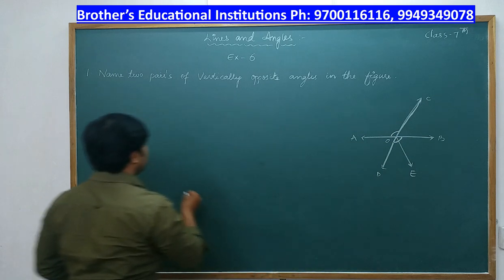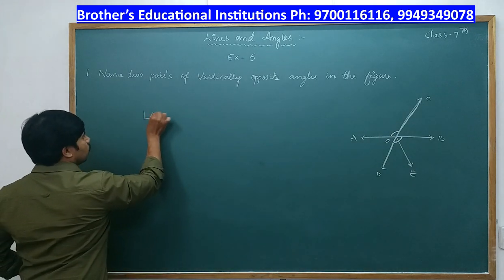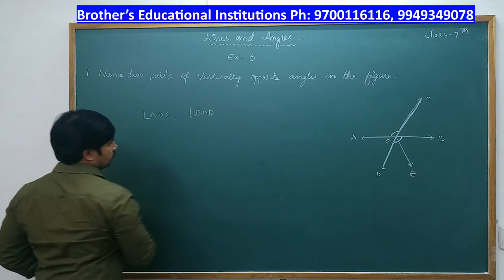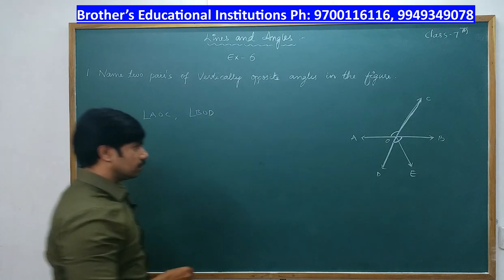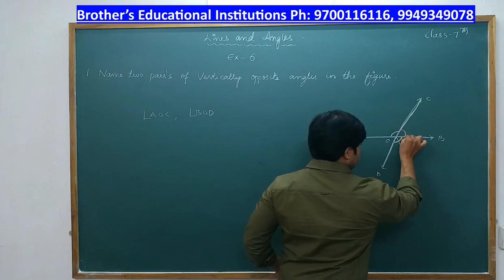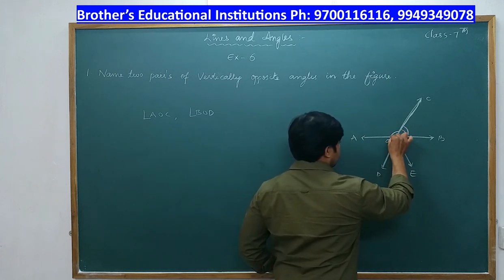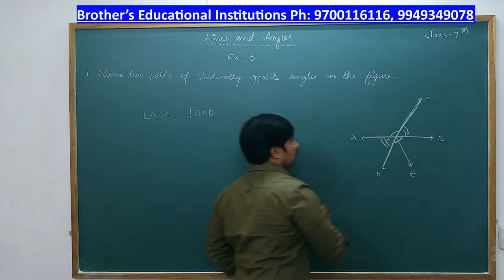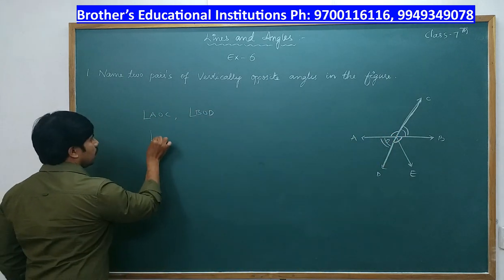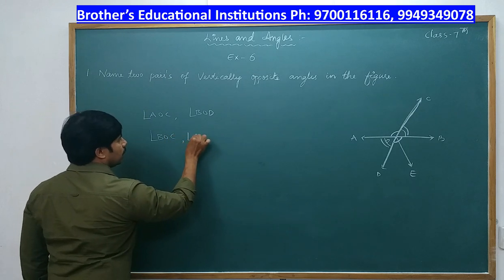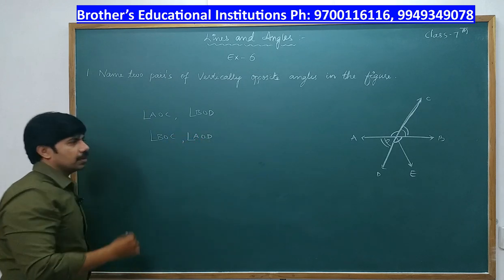So we write AOC and BOD are vertically opposite angles. This is one pair. The other pair is angle BOC and angle AOD. Okay, so this is completed.